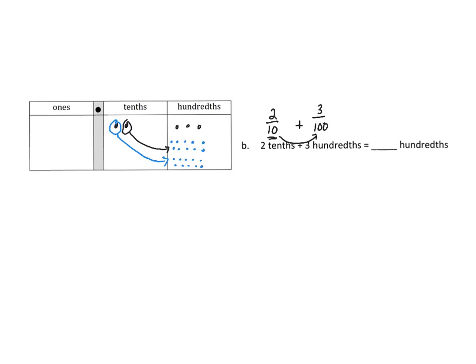Very good. So now what I have is 20 hundredths. But I also had originally those 3 hundredths up here. So basically 2/10 plus 3 hundredths is equal to 23 hundredths.